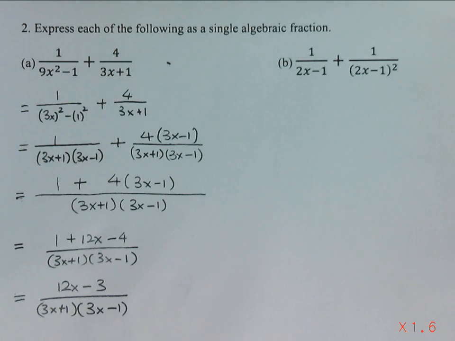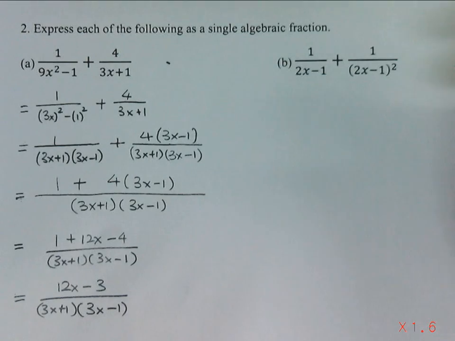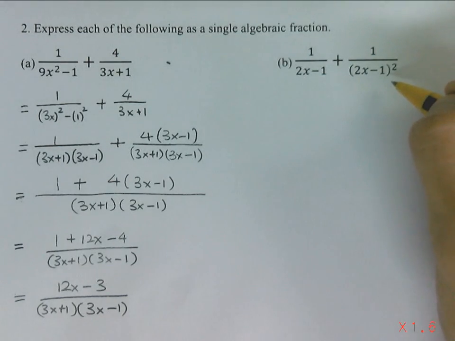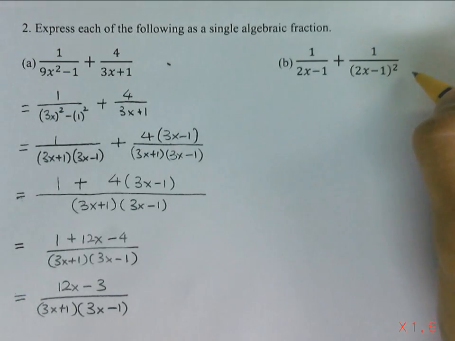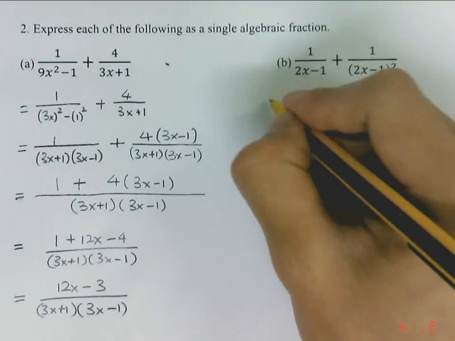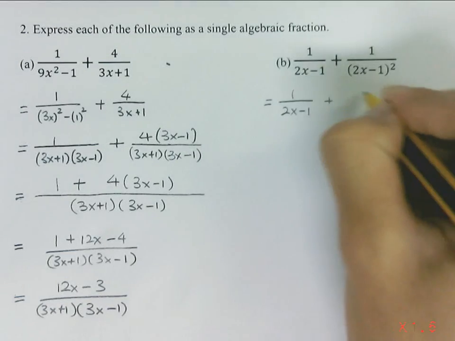In part B, it is very similar to this step. Now notice that the second fraction has a denominator of 2x minus 1 squared. So in other words, I can rewrite the second fraction this way.